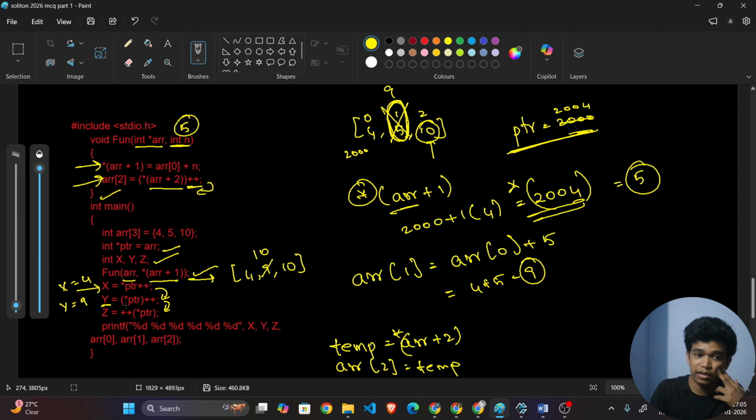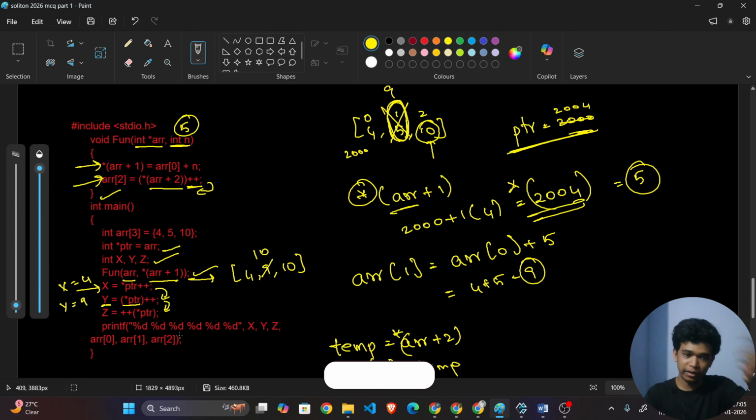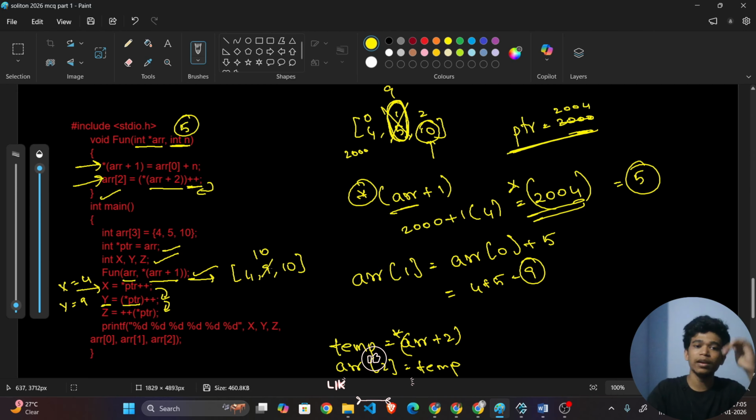See the difference? Here it is star PTR plus plus, so the higher precedence is star PTR. So, take the value from the PTR and do plus plus. Which means ARR of 1 plus plus. That's the meaning of this line. I am just taking the particular index and doing one increment operation in the next line only. So y remains 9, but in the next line this particular index will be 10. Can you understand this?